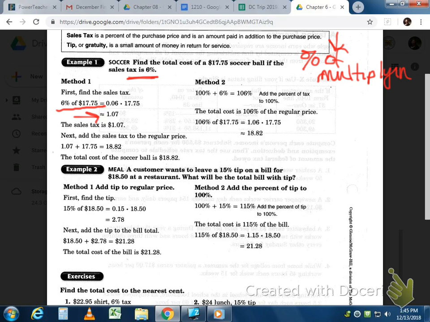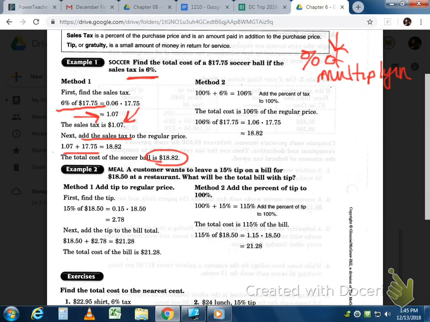This question is find the total cost. So once you find the $1.07, you take it and you add that on to the price. $18.82. So you can find 6% of the cost, take that amount of tax, and add it on. That's method 1. Method 2.